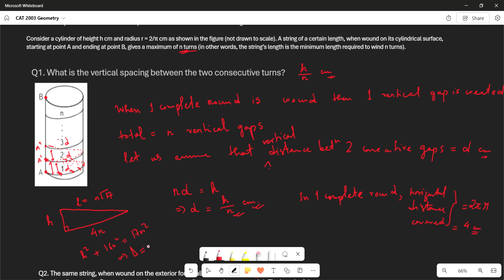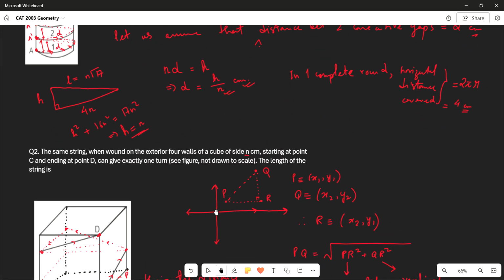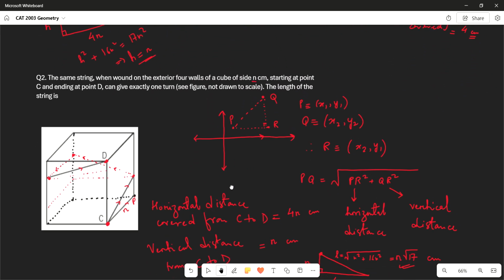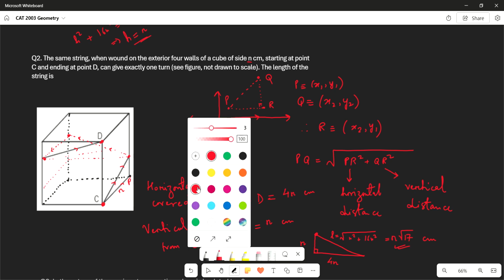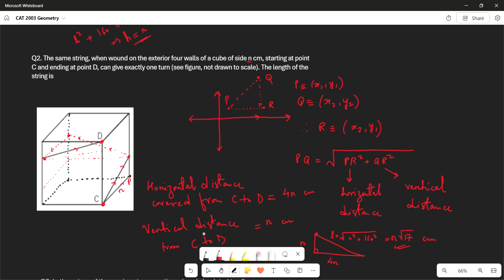So h equal to n. Very good question. Questions number 2 and 3 especially are very important and very interesting. I would suggest that you guys try these 2 questions yourself and practice them.